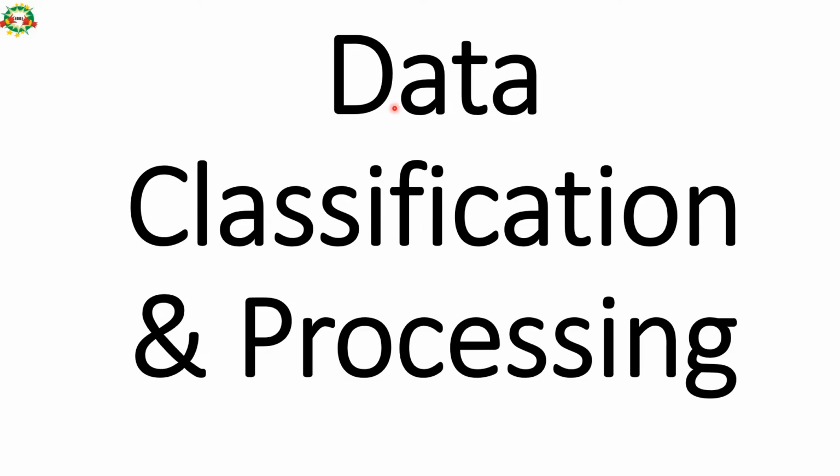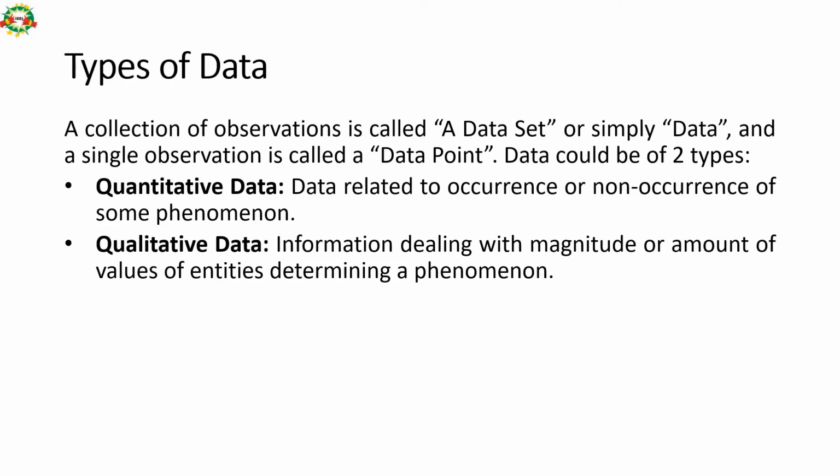So the first part of this session is data classification and processing. What is data? Data is nothing but a collection of observations. It is also called a data set, or we can also call it simply data. And a single observation in this data is called a data point. Please remember, this data could be of 2 types: qualitative data and quantitative data.